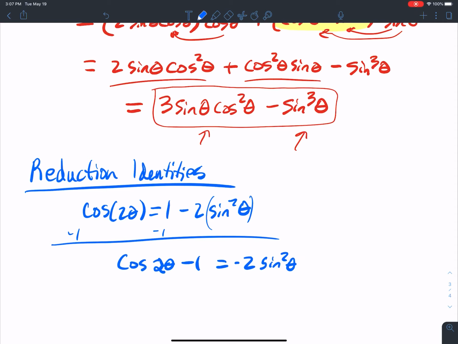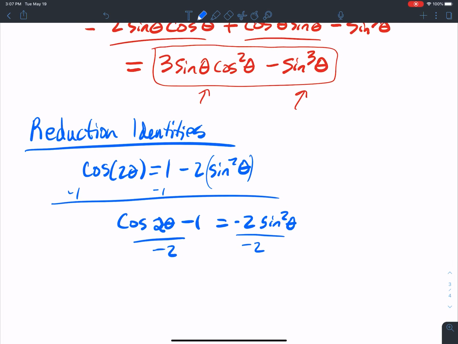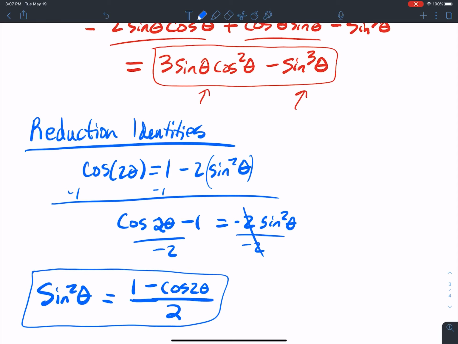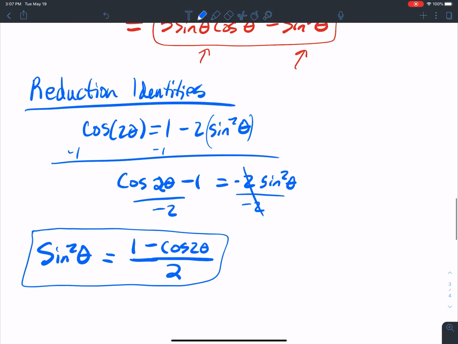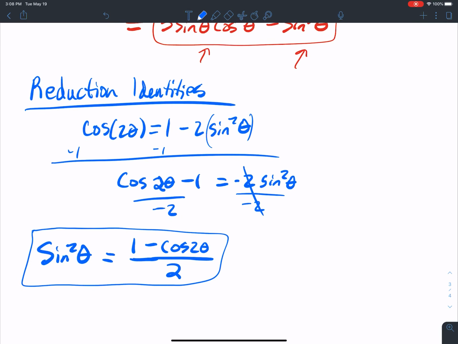If I divide by negative 2, my first reduction identity is sine squared theta equals 1 minus cosine 2 theta over 2. So why do we call this a reduction identity? You can take a sine squared and reduce it down to a linear cosine term. It reduces the power from squared to linear. Very useful in Calculus 2 when dealing with trigonometric integrals.